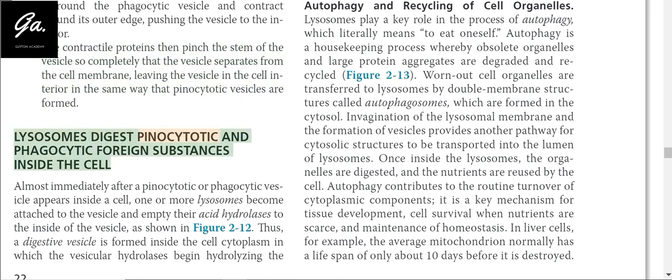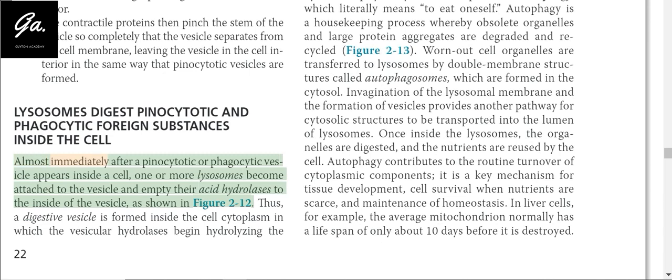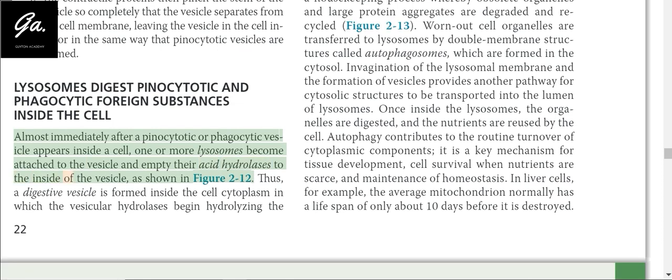Lysosomes digest pinocytotic and phagocytic foreign substances inside the cell. Almost immediately after a pinocytotic or phagocytic vesicle appears inside a cell, one or more lysosomes become attached to the vesicle and empty their acid hydrolases to the inside of the vesicle, as shown in figure 2-12.